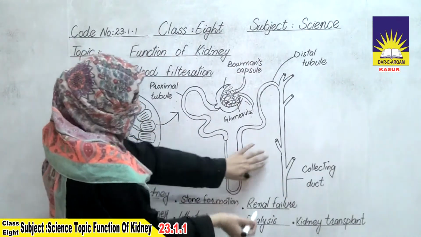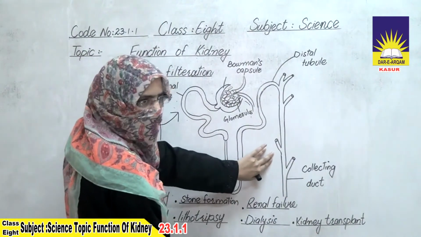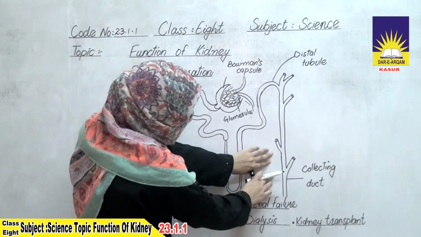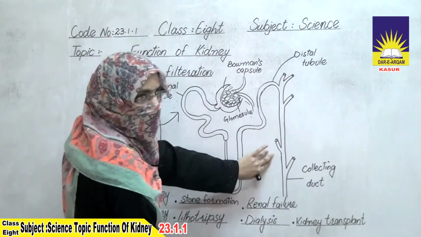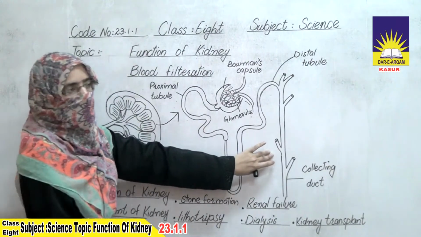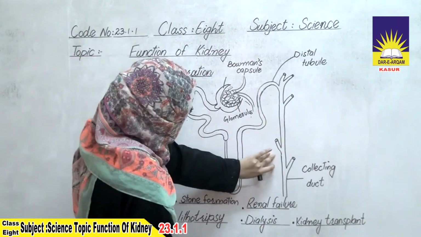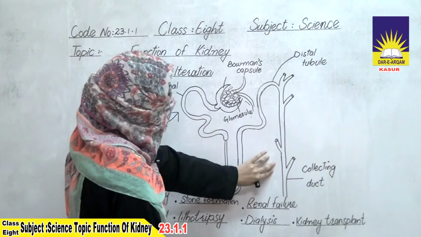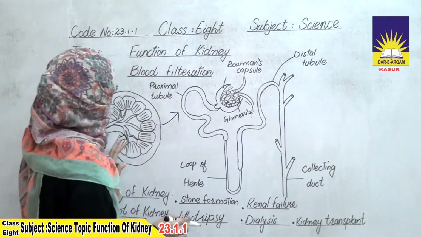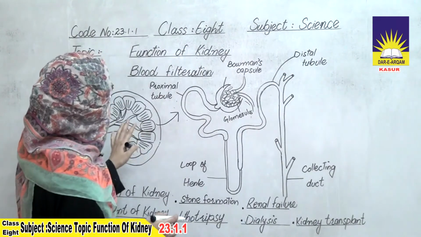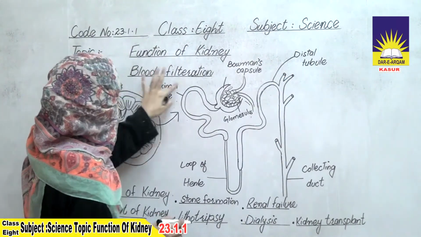From this collecting duct, the waste goes into the urinary bladder, and then it goes into the urethra, and then it leaves our body in the form of urine. It is the function of kidney, which is the blood filtration.